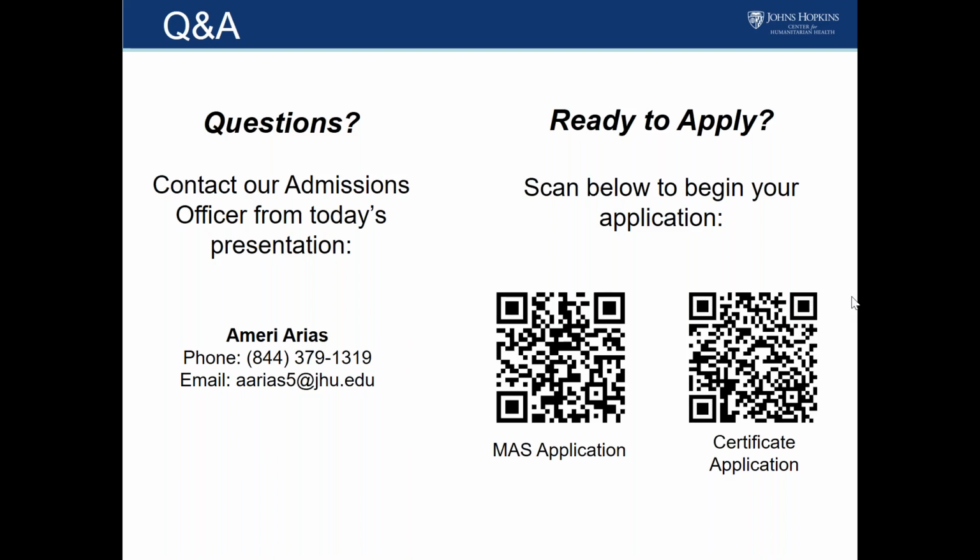Another question for us. I understand that it's about 18 to 20 hours a week for the 2 courses for the time commitment. Could you elaborate a little bit more about what that looks like? Well, normally the rule of thumb for any university level classes is that for every hour in class, you would be expected to spend at least 2 or 3 hours in terms of readings, assignments, and that type of thing.